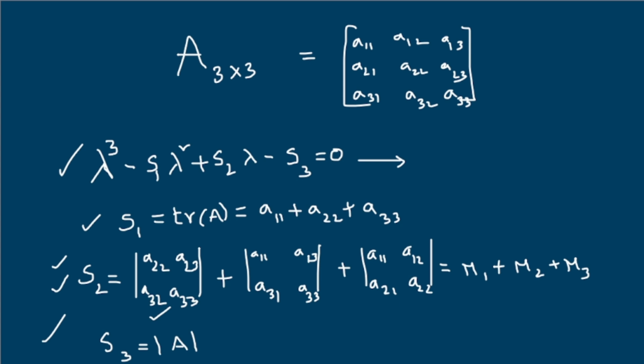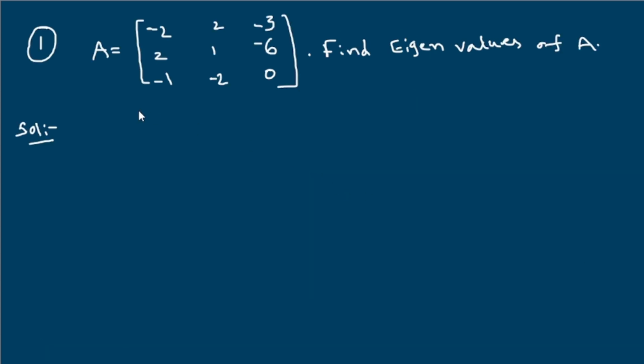Now let us solve a problem. Given this matrix, the characteristic equation is lambda cube minus S1 lambda square plus S2 lambda minus S3 equal to 0. So how to find S1, S2, S3?